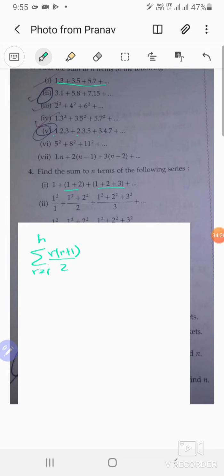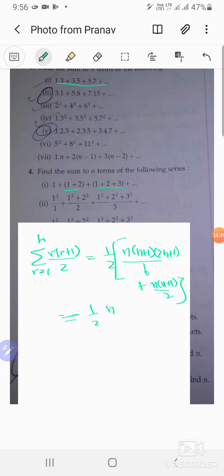Every term is nothing but the summation of the first r natural numbers, which is r into r plus 1 upon 2, right? So this thing is like half the summation of r squared, so n into n plus 1 into 2n plus 1 upon 6, and then plus r, which is n into n plus 1 upon 2.